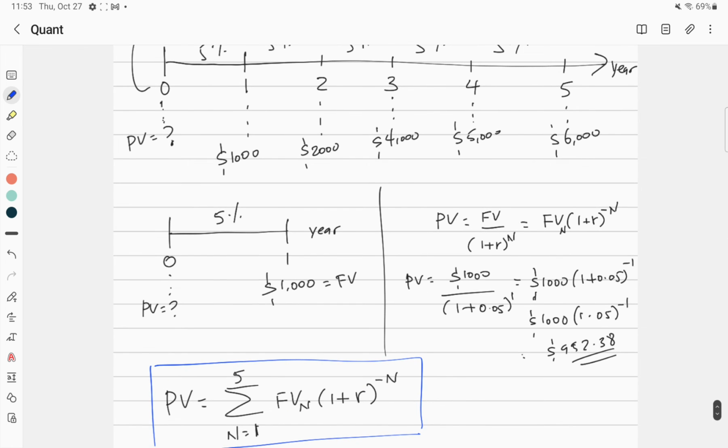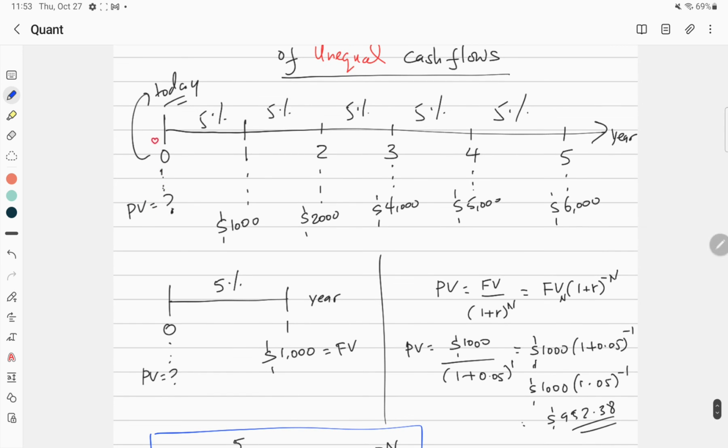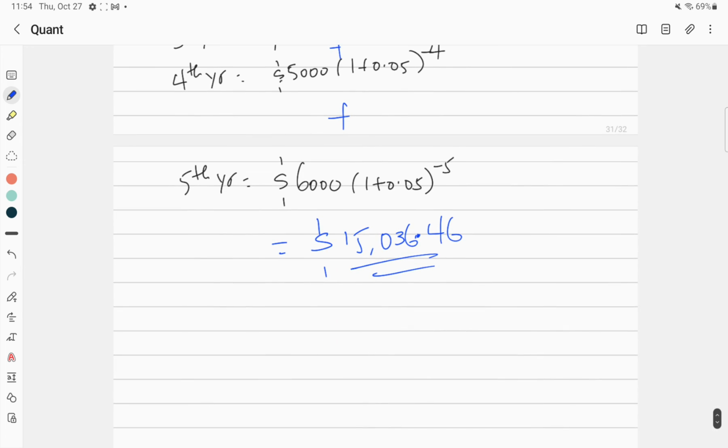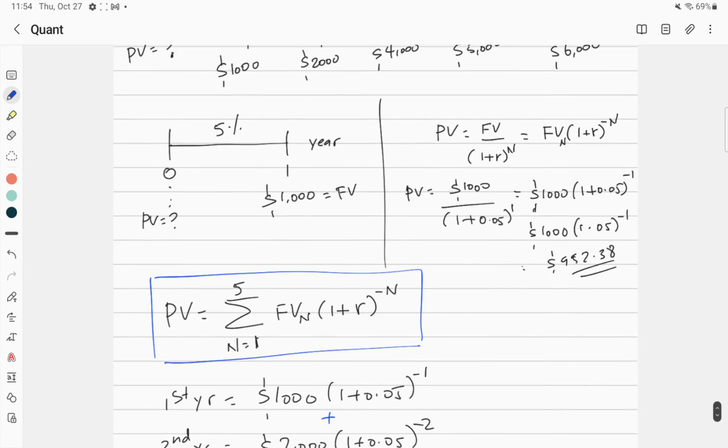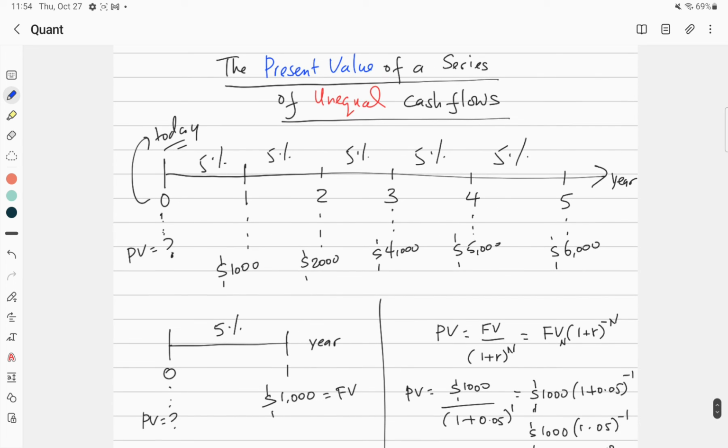So the proposition by your fund manager that you have to pay 20,000 is misleading. You have to pay only $15,000 to be able to collect these cash flows for the next 5 years. This is what we mean by calculating the present value of these series of unequal cash flows, or ordinary annuity.